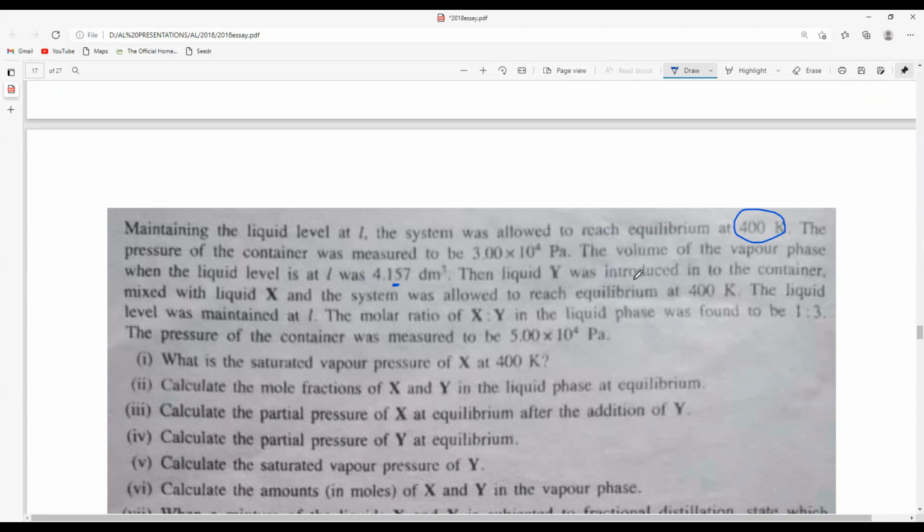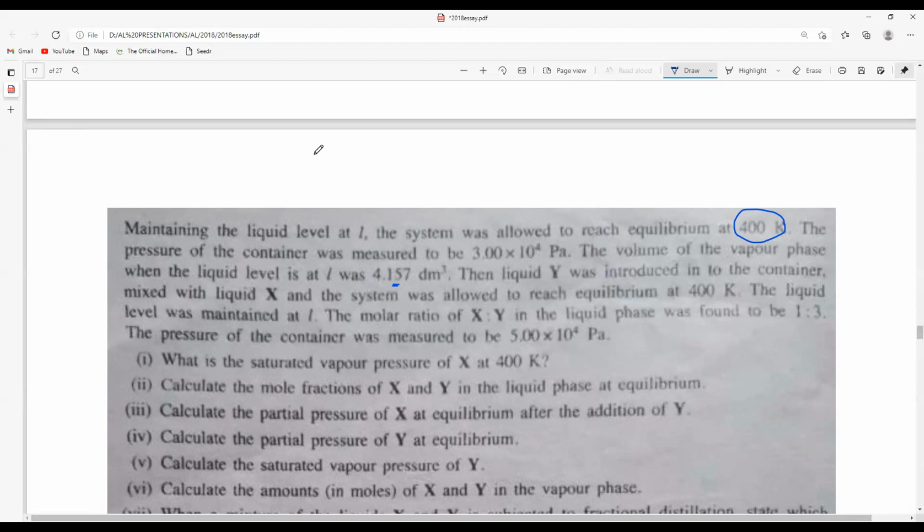Then liquid Y was introduced into the container, mixed with liquid X, and the system was allowed to reach equilibrium at 400 Kelvin again. And the liquid level was maintained again at L. And the molar ratio in the liquid phase was found to be 1:3. And the pressure of the container was measured to be 5 into 10 to the power 4 Pascal.